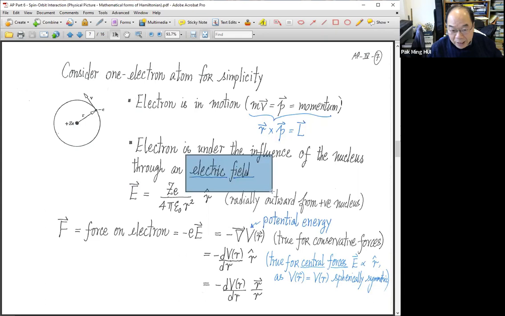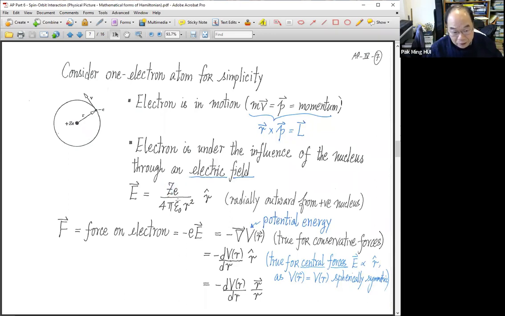Now, pay attention. We are talking about the electric field. Let's write down the electric field due to the nucleus. It is the charge of the nucleus, Ze. For hydrogen it is 1, but here just leave it general.